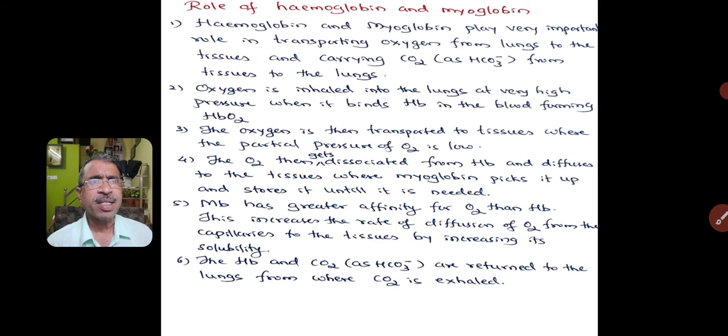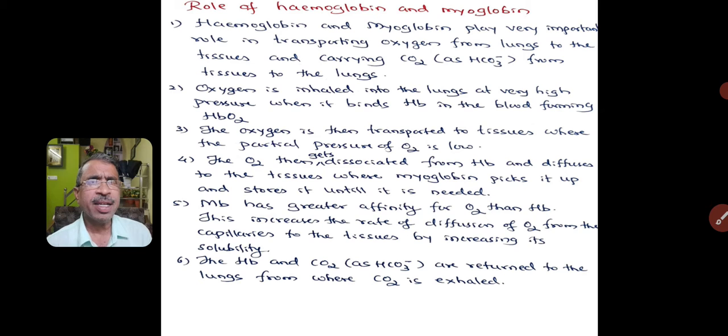The oxygen is then transported to tissues where the partial pressure of oxygen is low. The oxygen then gets dissociated from the hemoglobin and diffuses to the tissues where myoglobin picks it up and stores it until it is needed.